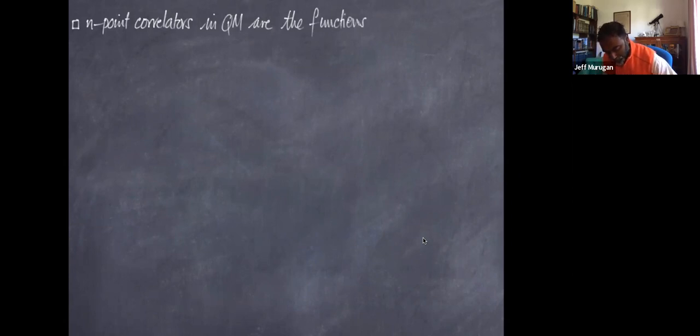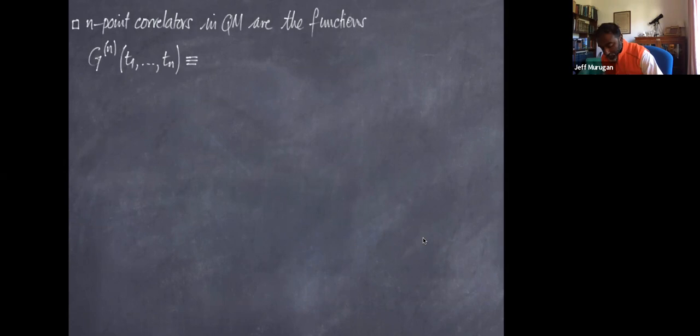Let's call them G_N, meaning we're talking about an n-point correlation function. And I'm going to call them G for a good reason that's going to become apparent a little later. And G is an n-dimensional function, meaning it takes n arguments, t1 through to tn.